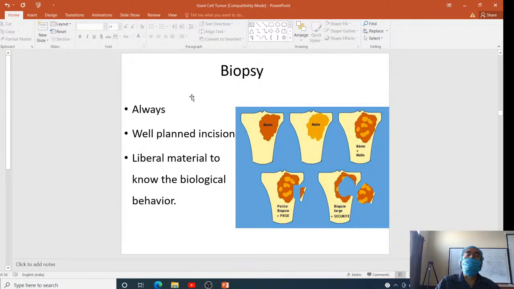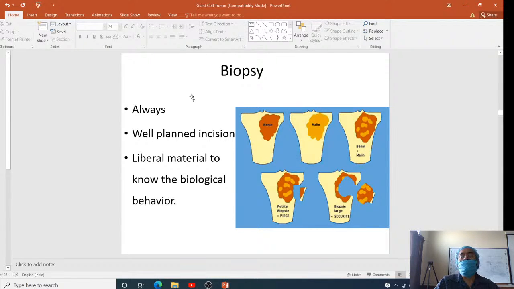And there are some rules when you want to do a biopsy. So sometimes you may have to incise, you give an incision and do the biopsy. But nowadays, the ortho-oncology rules say that whoever is planning to do the definitive treatment should do the biopsy.